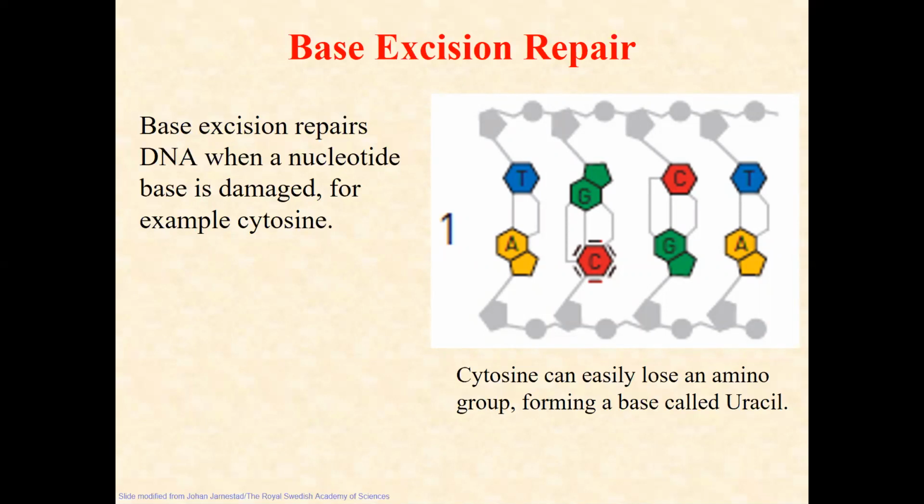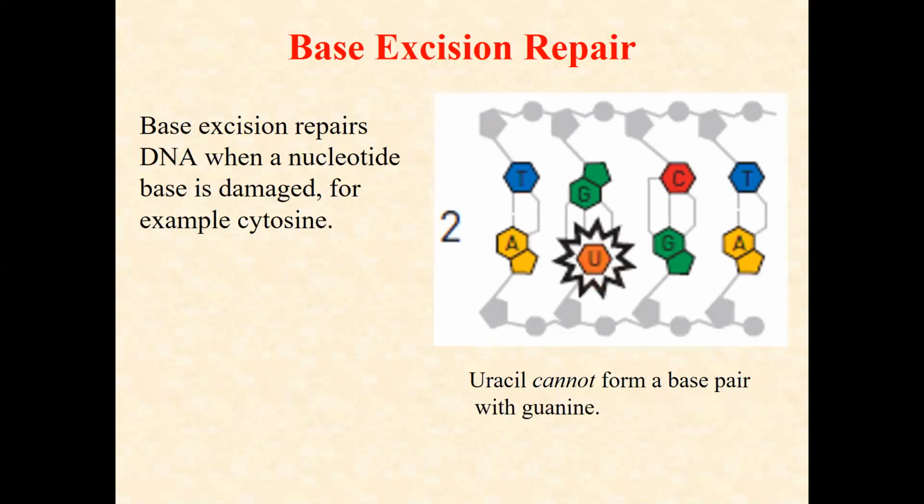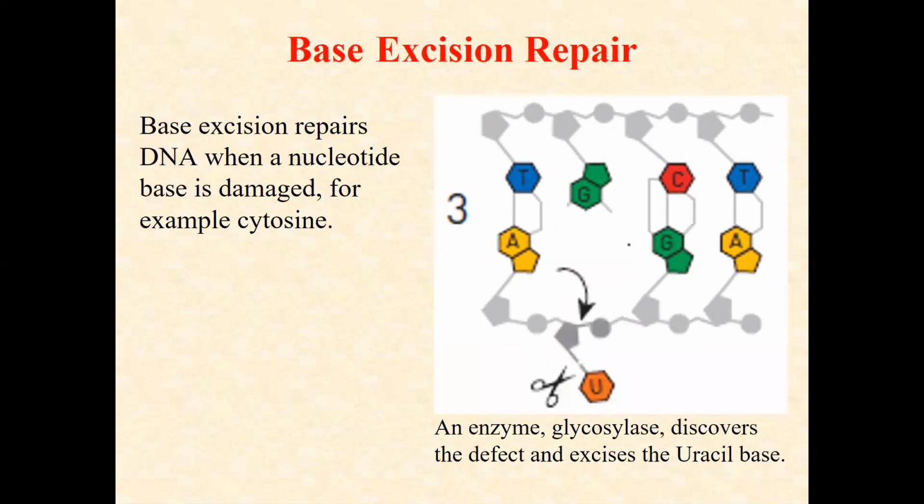This transforms the cytosine into a new base, uracil. Uracil cannot base pair with a guanine. This helps the cell identify the damaged base. To repair the damage, the uracil base is removed from the DNA backbone by an enzyme named glycosylase.